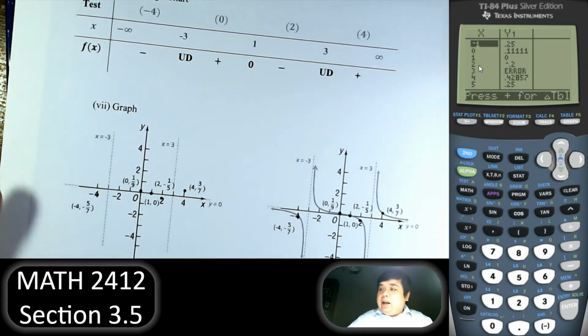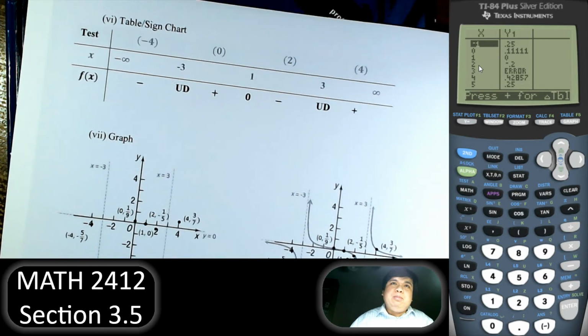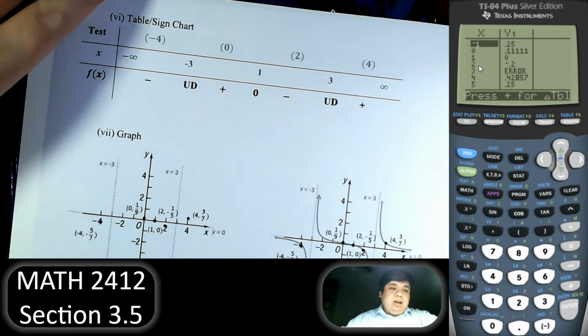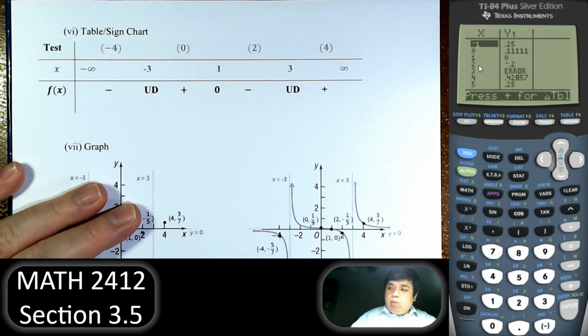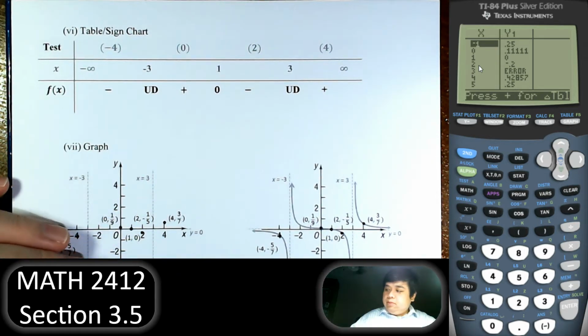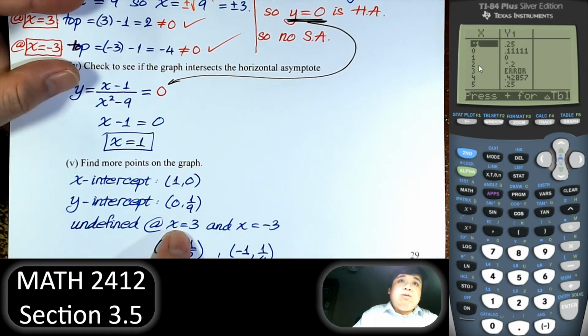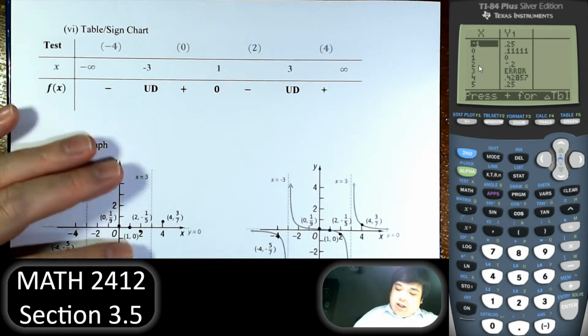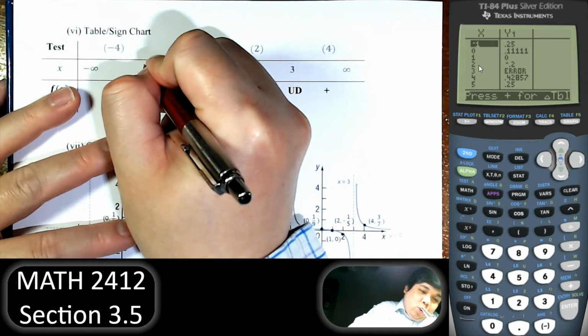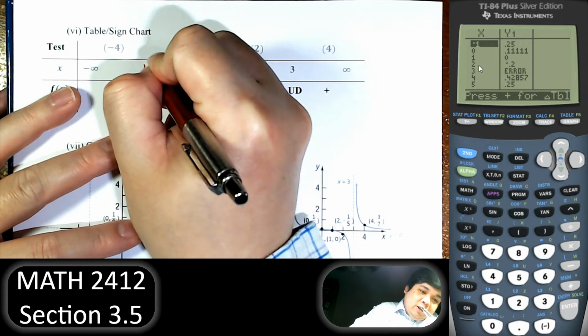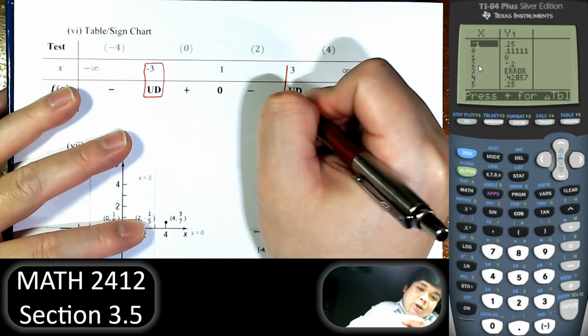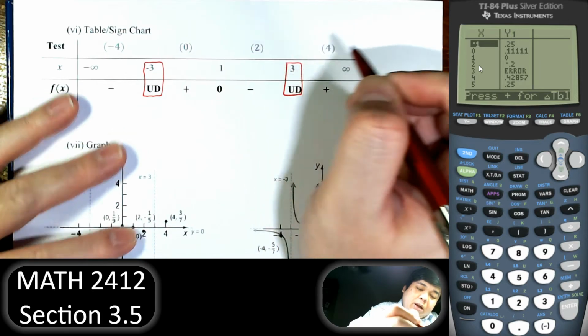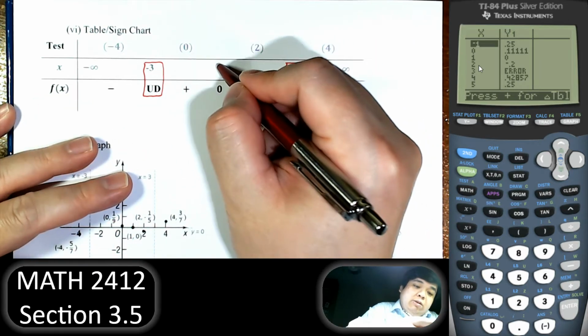Next, we will do this sign chart to get a better idea of what the graph of the function will look like. It is undefined at 3 and -3, right? So we have -3 where the function is undefined, and 3 where the function is undefined. When x equal to 1, the function equals 0.